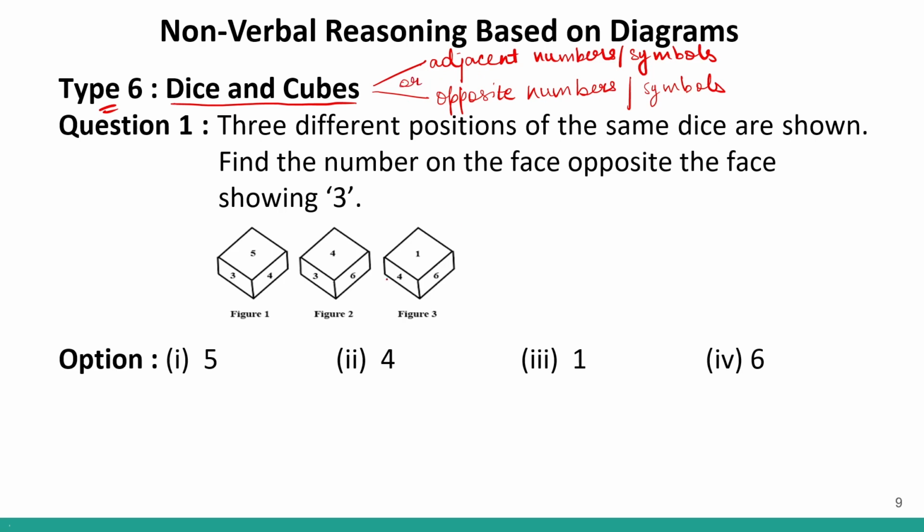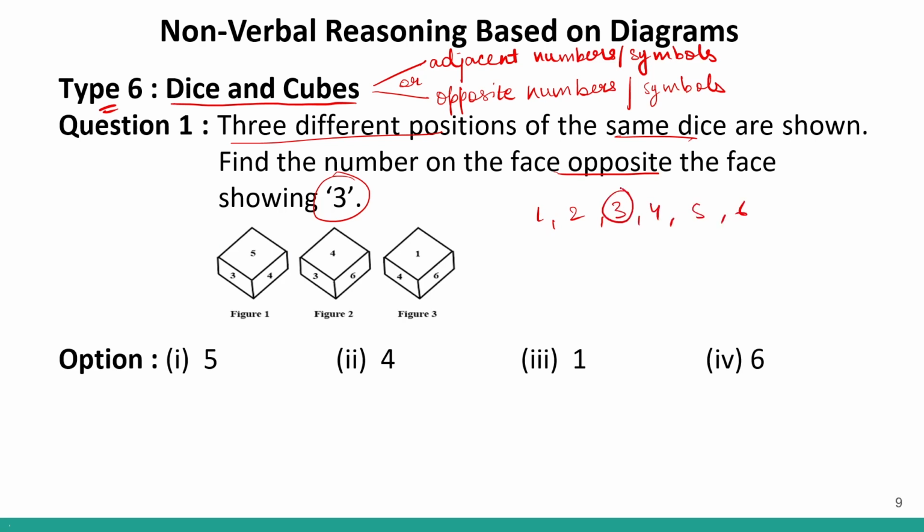Now over here we are given 3 different positions of the same dice. So the same dice is kept in 3 different positions, and we have to find the face opposite to the number 3. Now when I look at this, how many numbers are there on a dice? 6: 1, 2, 3, 4, 5, 6.